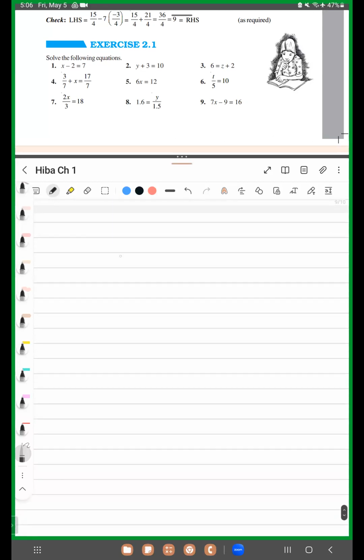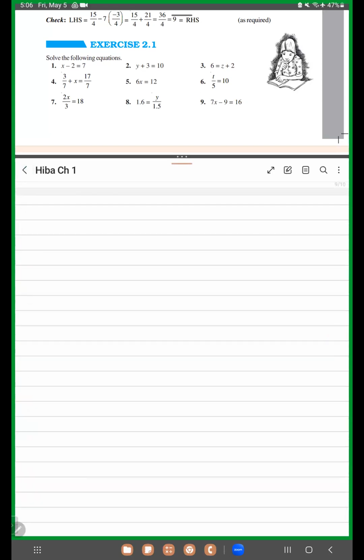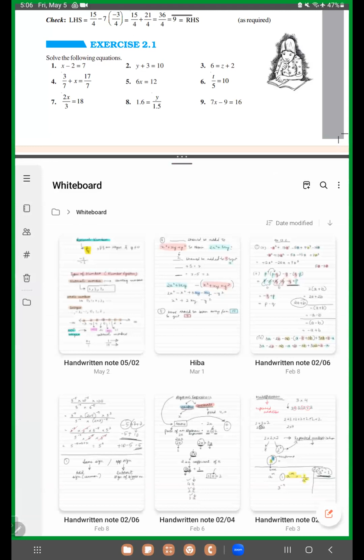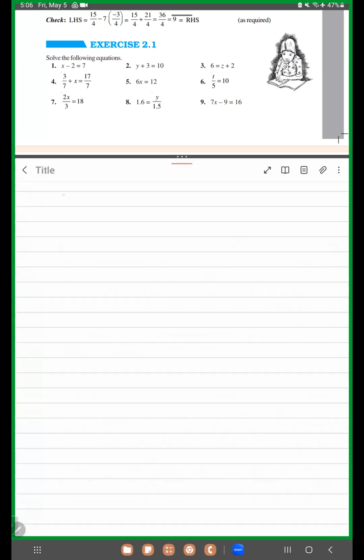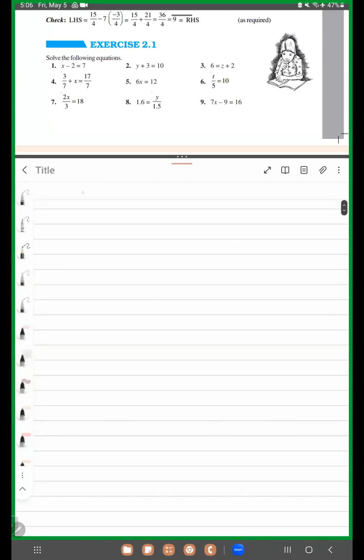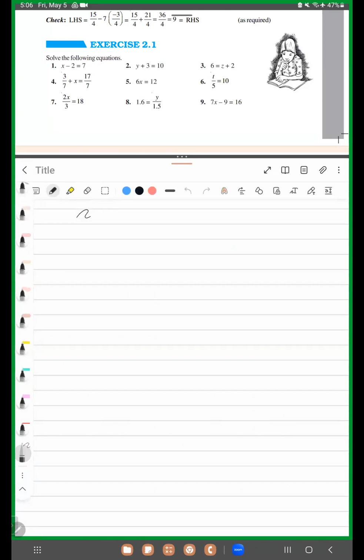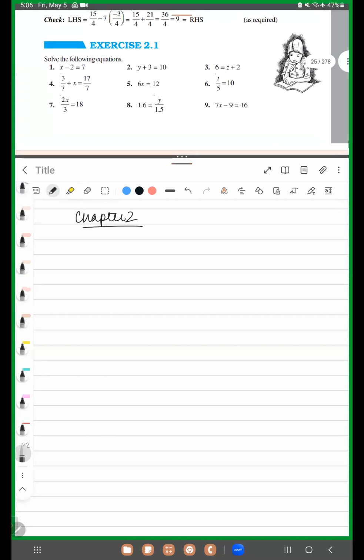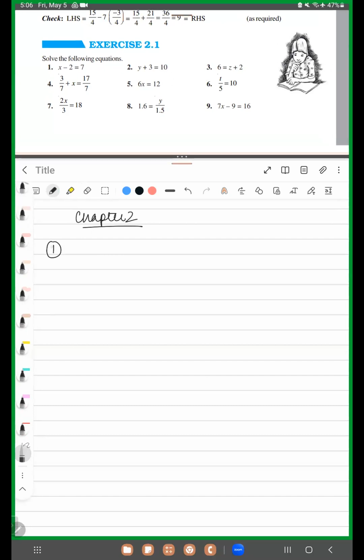All right. Now let's come to this exercise 2.1. Just a minute. Okay, Hiba. Can you solve these? Let's see if you can solve these. X minus 2 equals 7. We've done this last year, na?